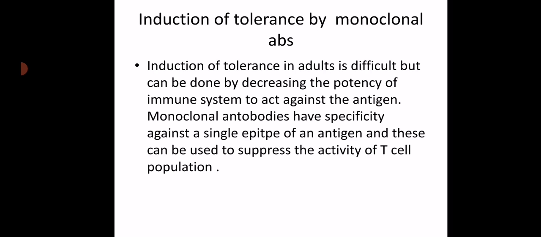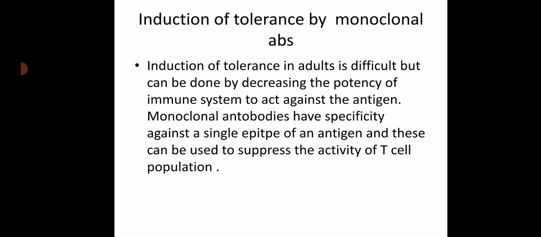We know monoclonal antibodies are the antibodies which are very specific against a single antigen determinant. That part we have already discussed in our first unit. So when these antibodies are used, what type of mechanism is there? What is the function of these monoclonal antibodies?